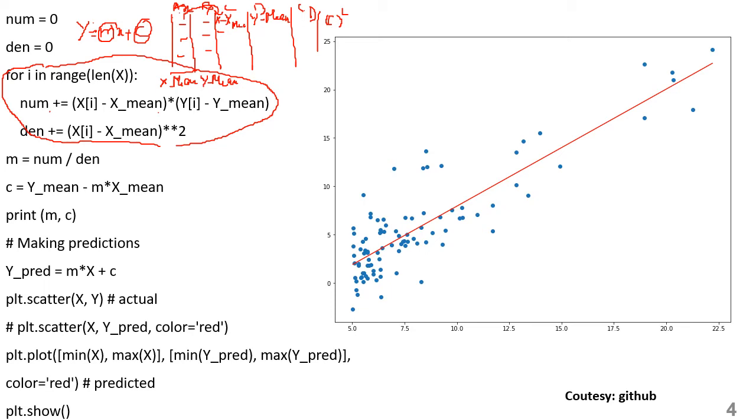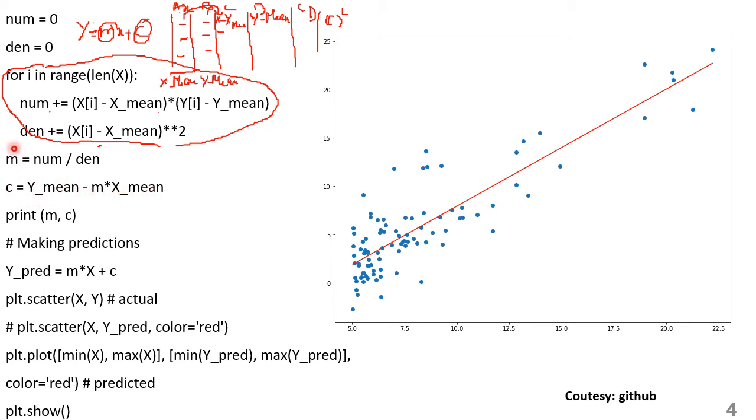In the denominator, you have xi minus x mean whole square. Dividing the numerator by the denominator, we can get the value of m. So once we know the value of m, you can always find c. c is given by y mean minus m into x mean.